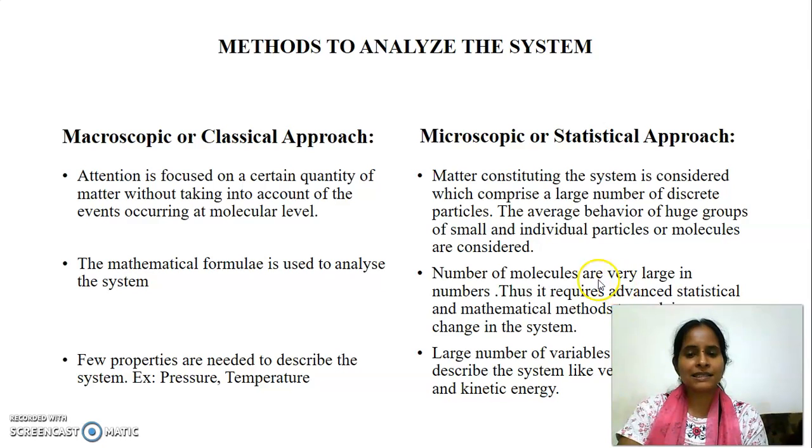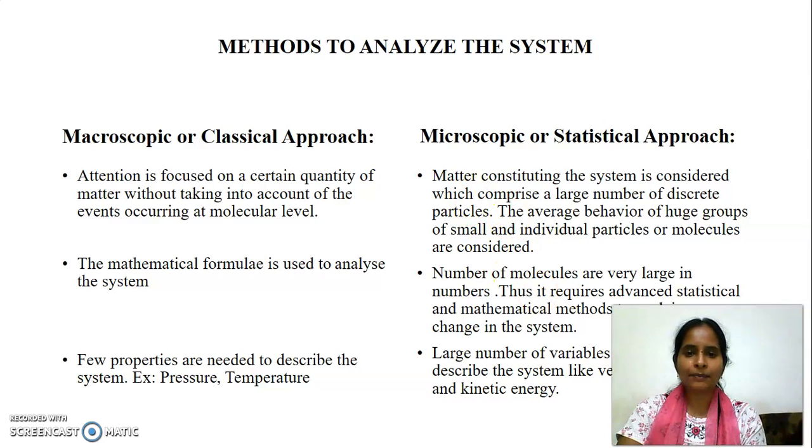Since the number of molecules is very large at the microscopic level, it requires advanced statistical mathematical methods. A large number of variables are involved to describe the systems. So it is a second-level, research level or PG level study.